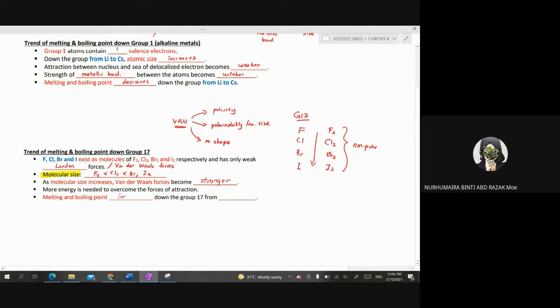Increase, because the forces become stronger going down the group, from fluorine to iodine. For melting point we follow the element, F to I, but when we talk about boiling point, we follow the structure, because you want to figure out what forces are in them.